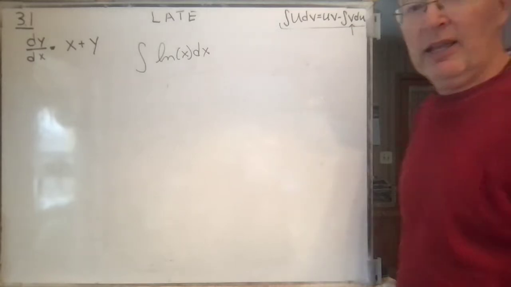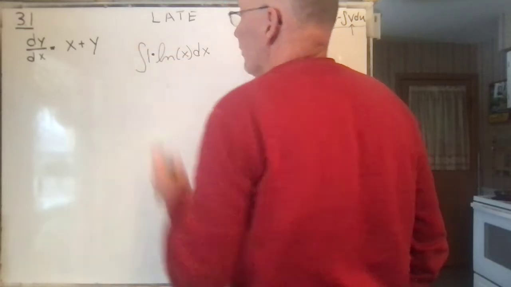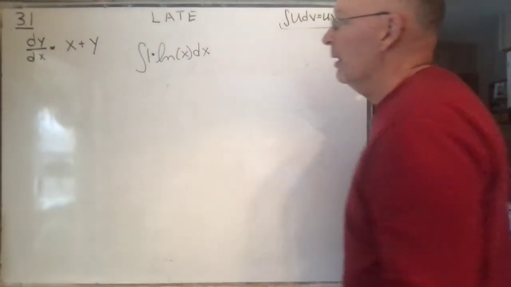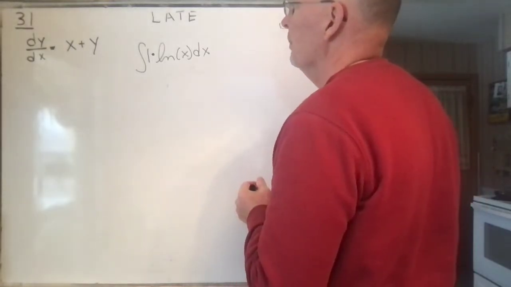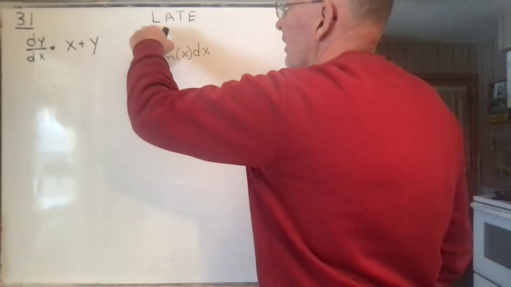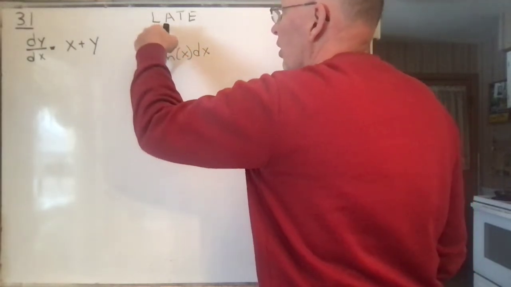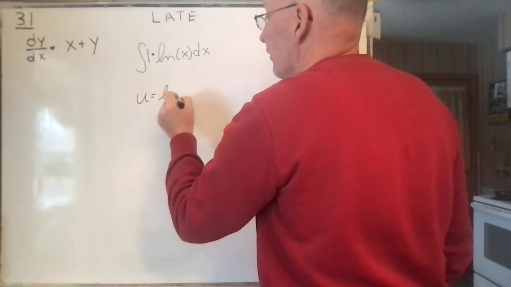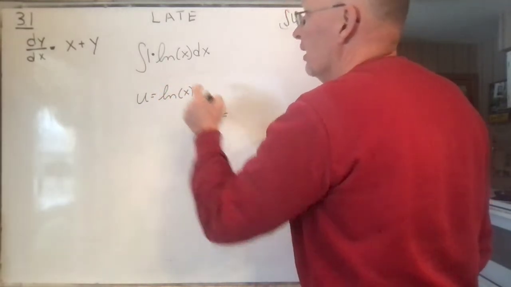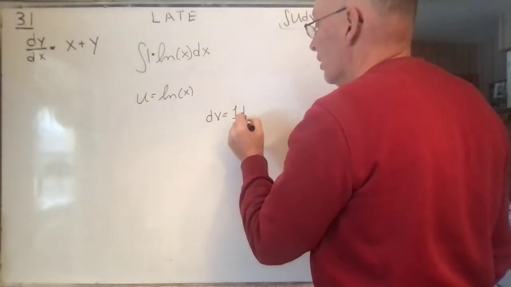And so you might look at that for a bit before it suddenly occurs to you, oh, let's just think of putting a 1 right there. Now by putting a 1 right there, now I let u be equal to the logarithmic. So it's going to be the ln of x, and dv is going to be the rest of it, 1 dx.